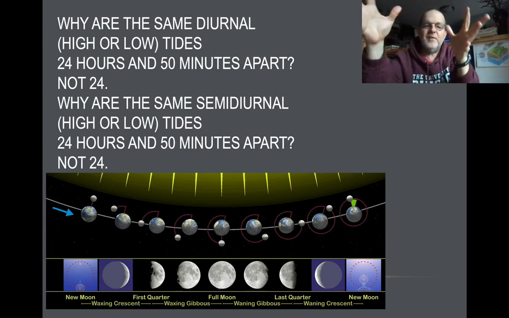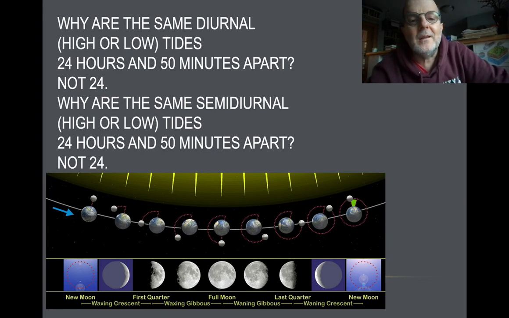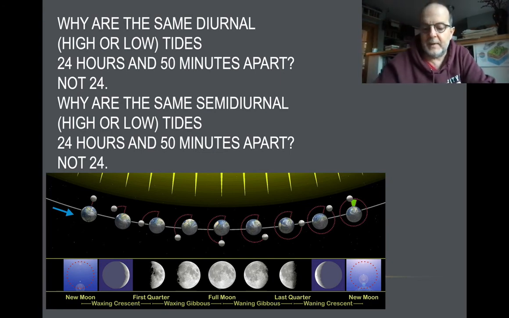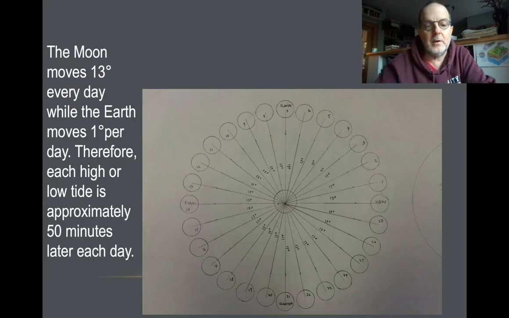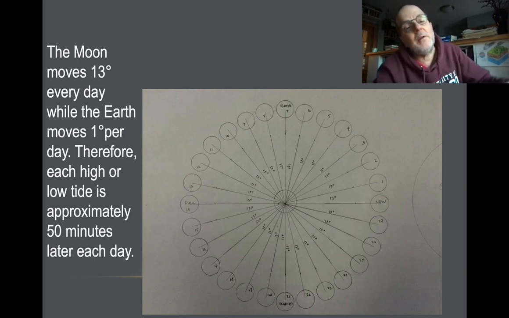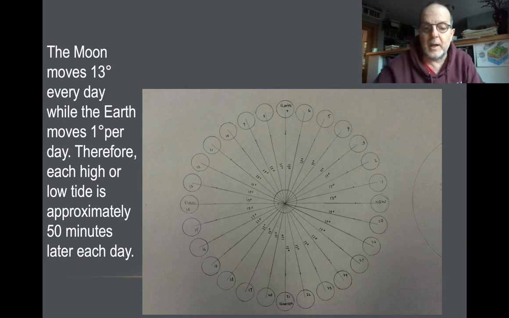It's going to take you 50 minutes longer to rotate to that bulge that the moon is causing under it. So the moon moving every 13 degrees, and likewise we're also moving 1 degree per day.